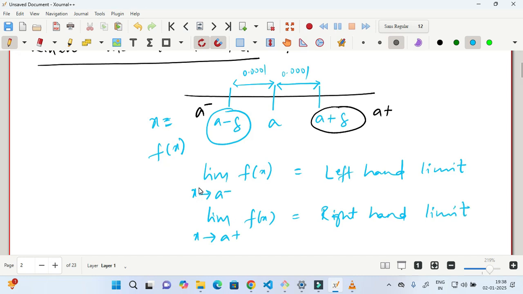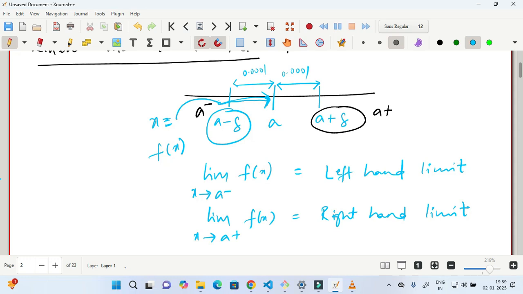So what is the left hand limit and what is the right hand limit? If the x value approaches a from the left side, mind you, it is not a, it is approaching a from the left hand side, then that limiting value is known as the left hand limit.